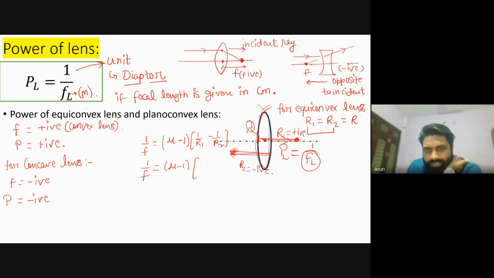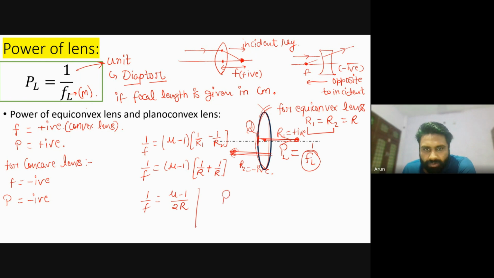On the left hand side it is negative and on the right hand side it is positive. So 1 upon R1, R1 is nothing but R, minus 1 upon R2 is also R but the negative one, minus R. So minus minus will be plus, 1 upon f is equal to mu minus 1 by 2R. So this is the value of focal length.